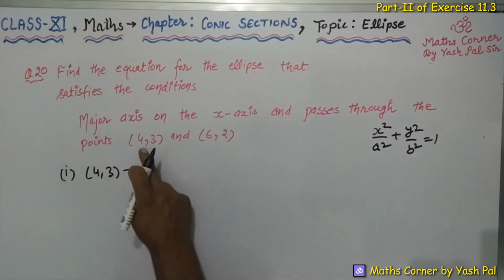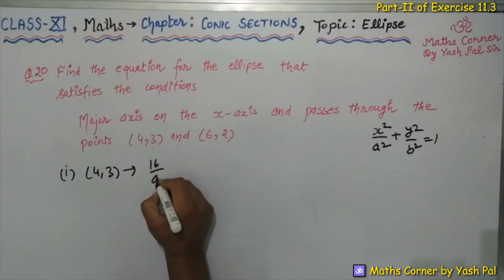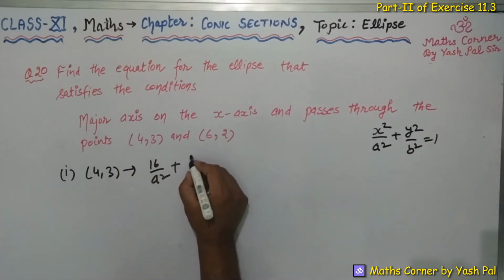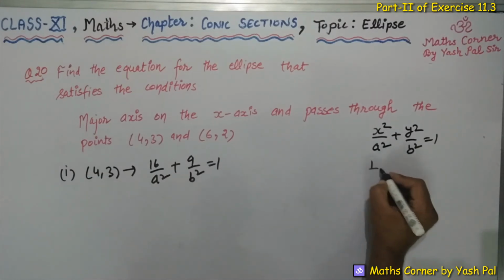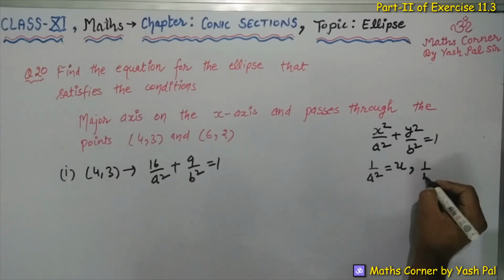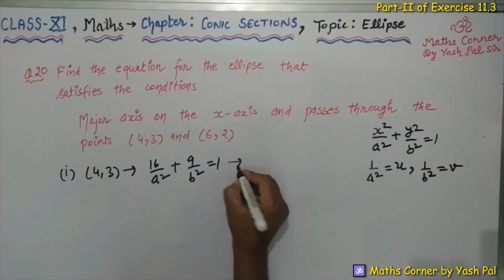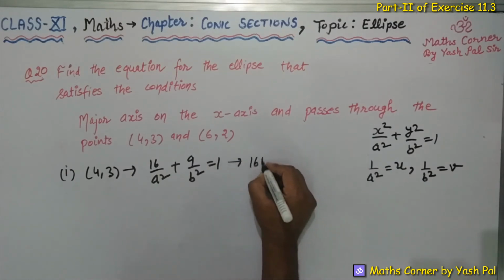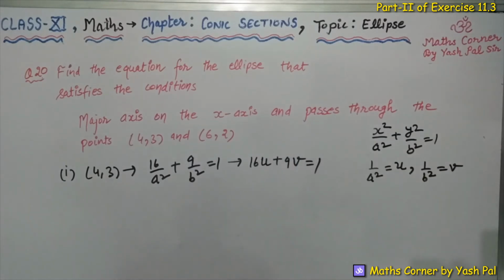This gives us x is 4, y is 3. So 4 squared is 16 upon a square plus 9 upon b square is equal to 1. Again we take 1 upon a square equal to u, 1 upon b square equal to v. So we write this equation as 16u plus 9v is equal to 1.